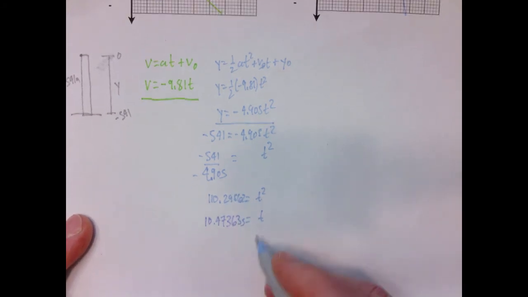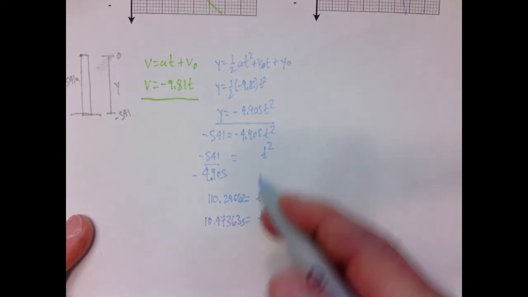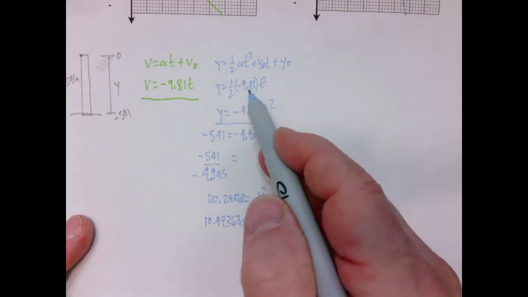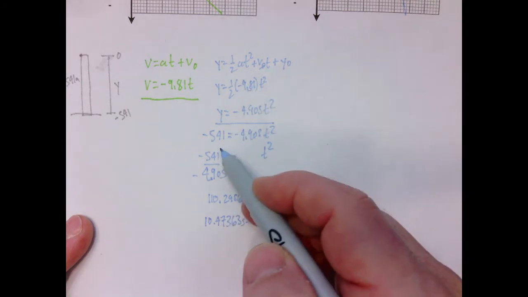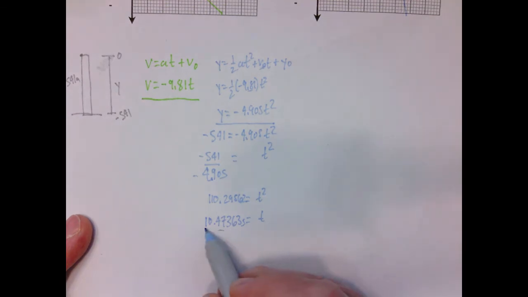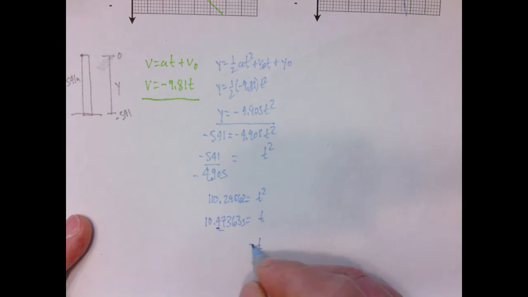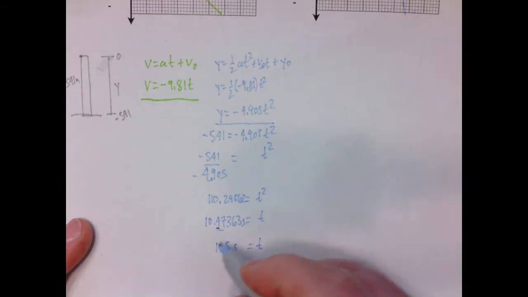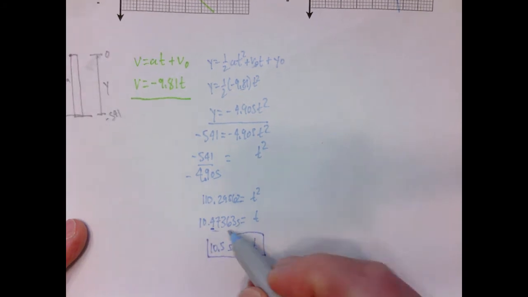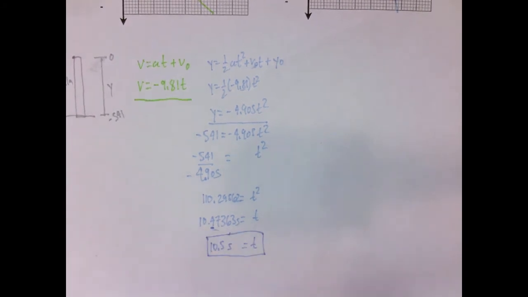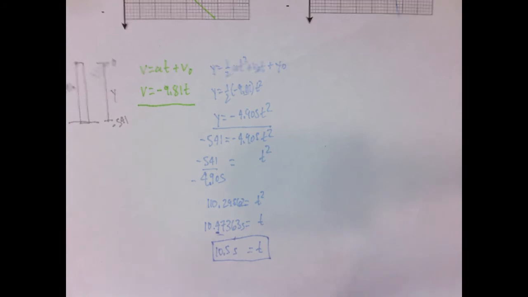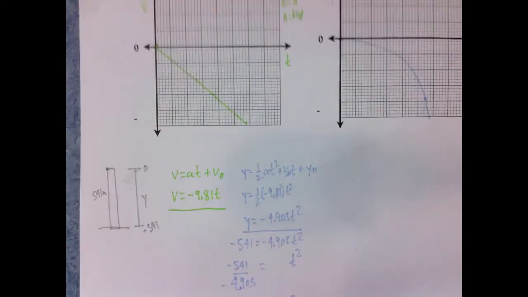So we would say the time, now we need to worry about significant digits. We had 9.81 here, and 541, each of those had 3. So we're looking at the 10.4 place, but that's a 7. So we would say the time is 10.5 seconds. And that would be our boxed answer for the time. So it would take 10.5 seconds to fall from the very top to the ground, that pebble.